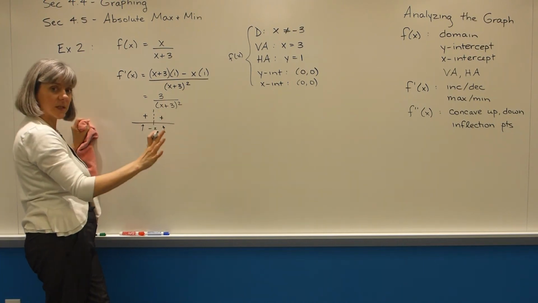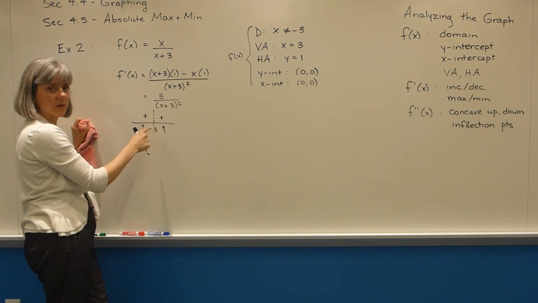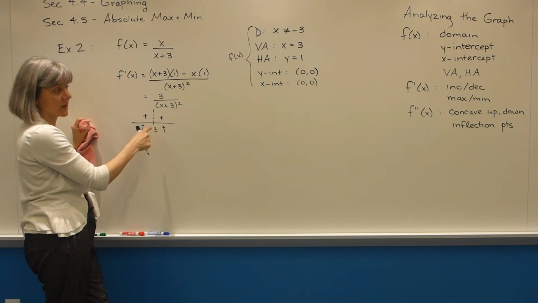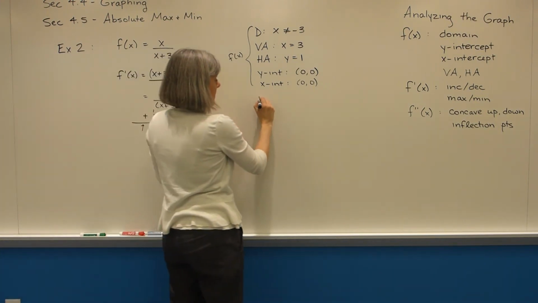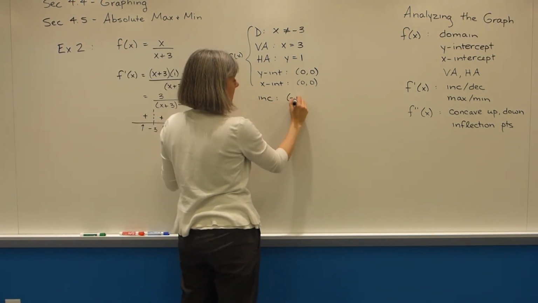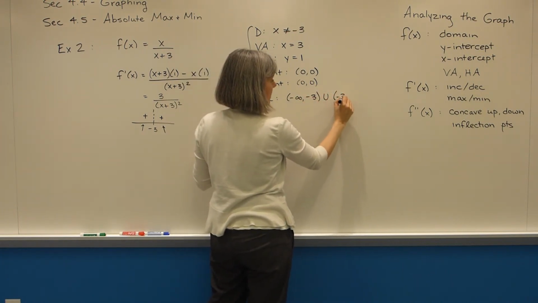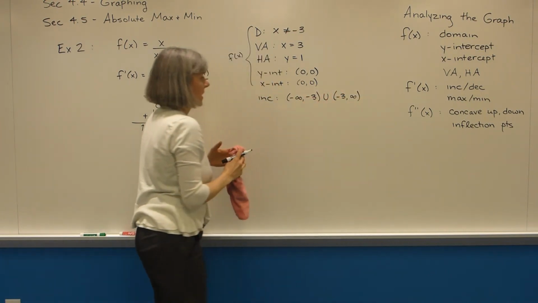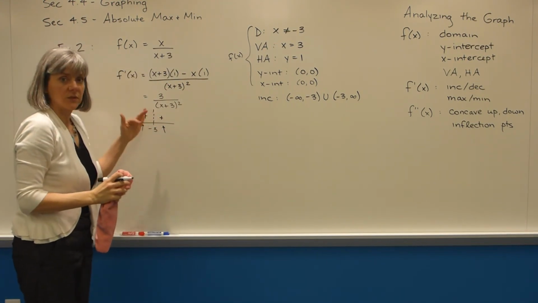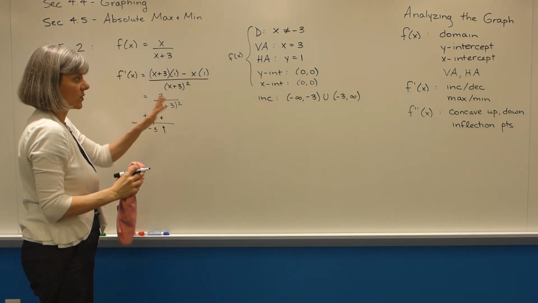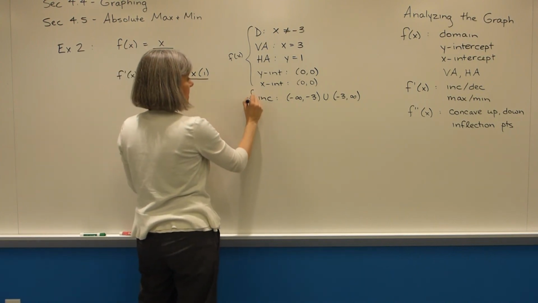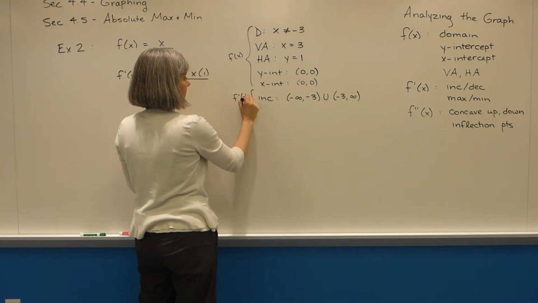So this function is increasing all the time, but not through the point negative 3, because there is no point at negative 3. So we know that it's increasing from negative infinity to negative 3, together with negative 3 to infinity. There's no max, there's no min, there's no decreasing. So this is all of our information that we can get from f prime.